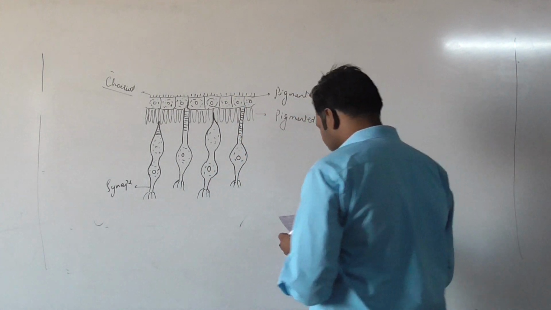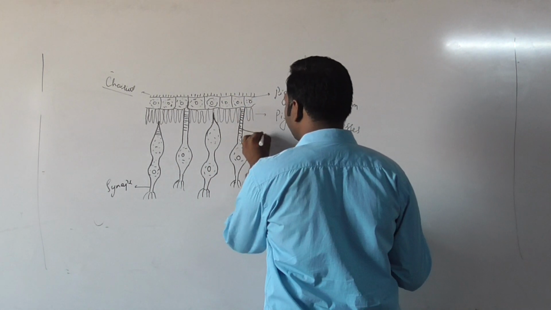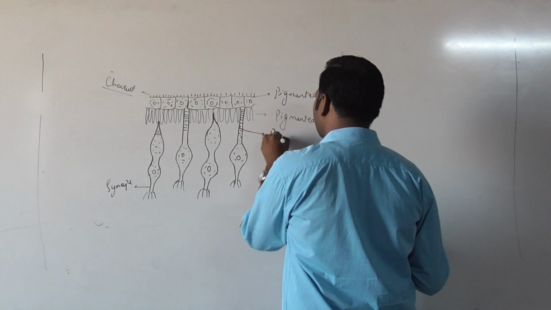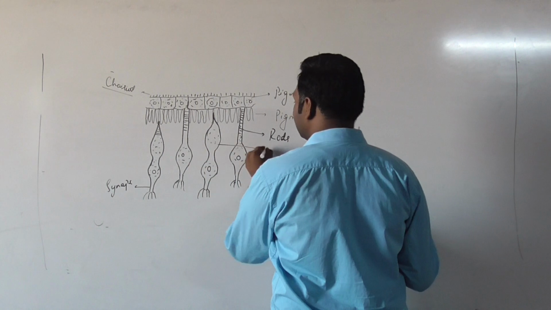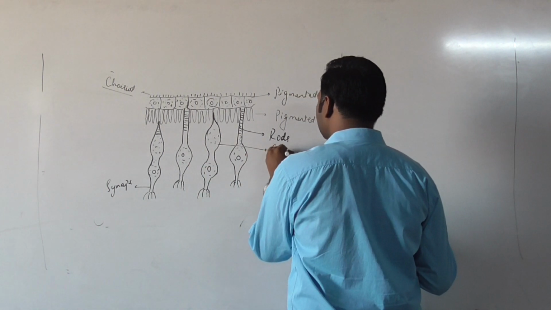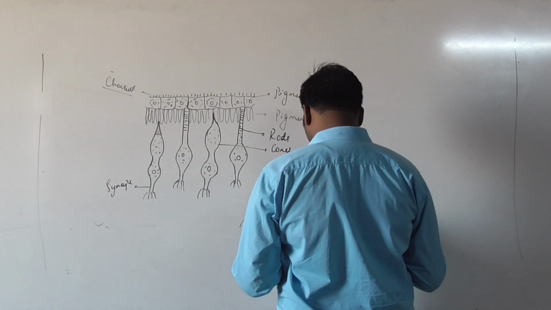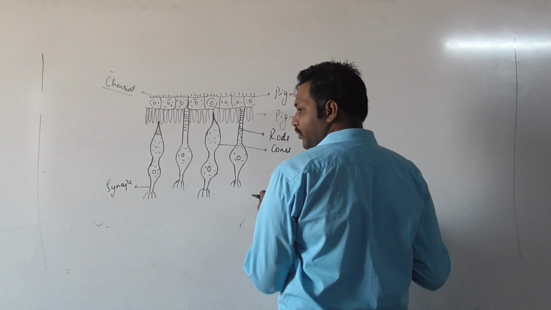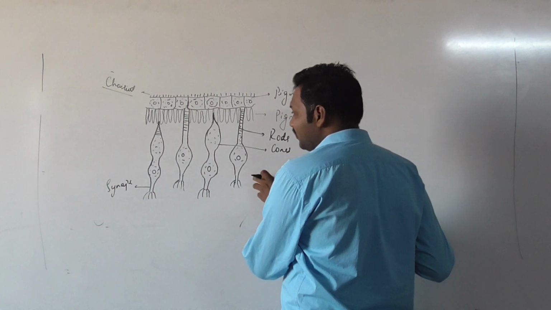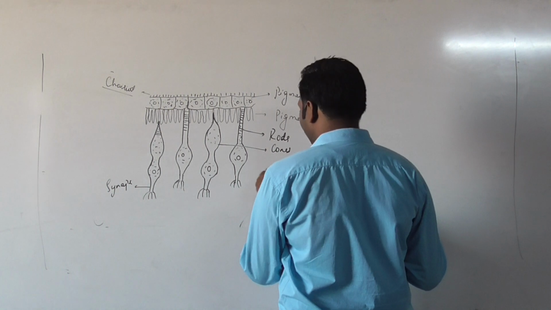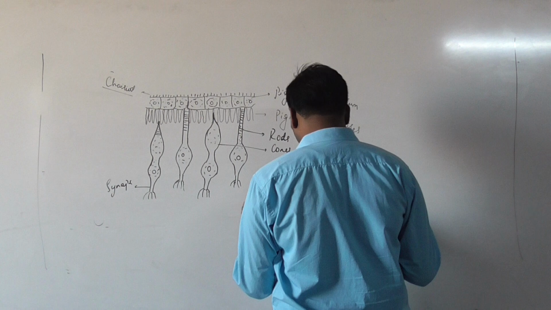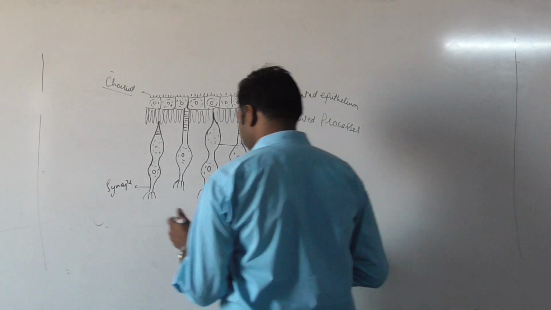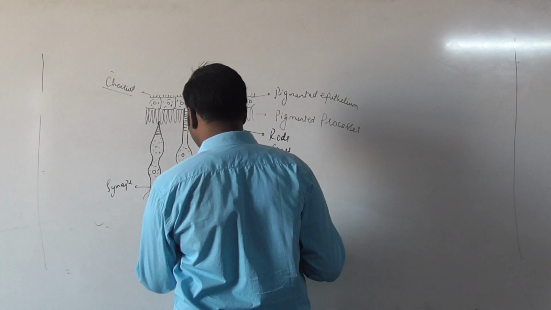You can see this structure. Now this part is called the rods. This part is referred to as the cones. So this is the vertical section of the retina of the eye, the VS of retina of eye. Now here you can see the projections like this.